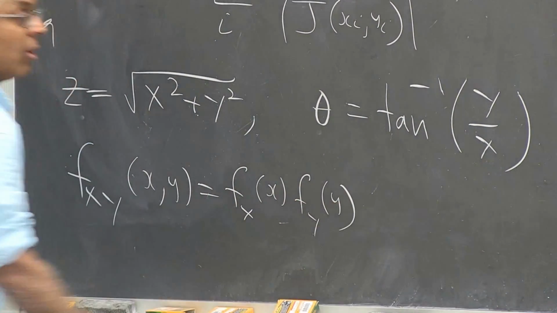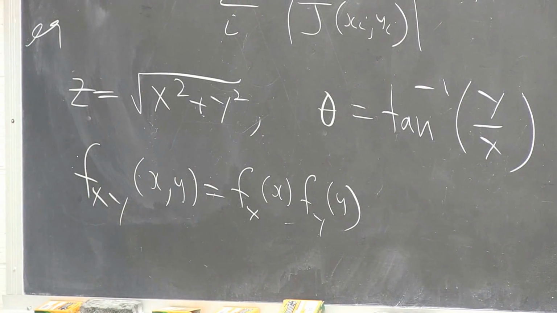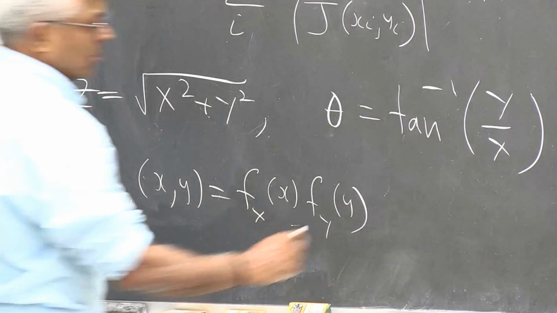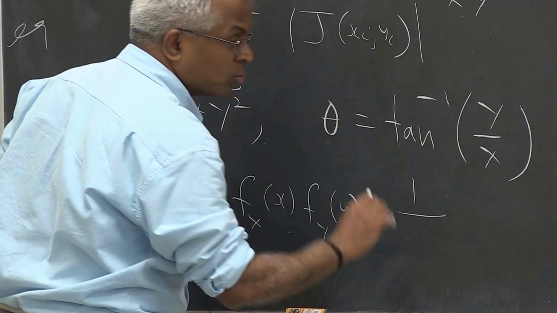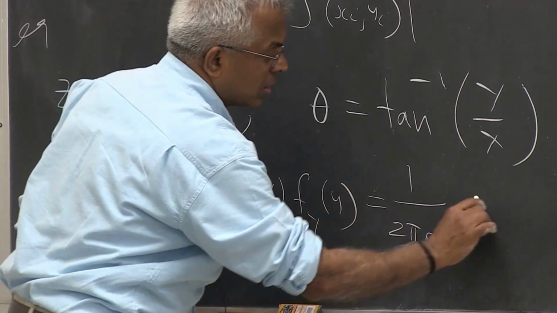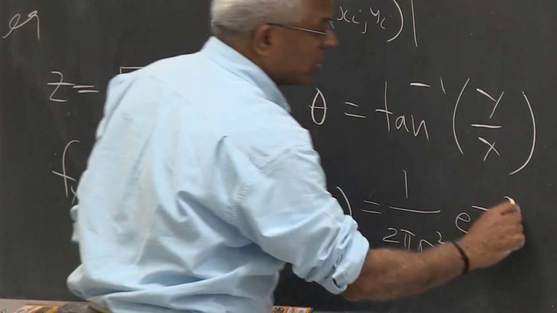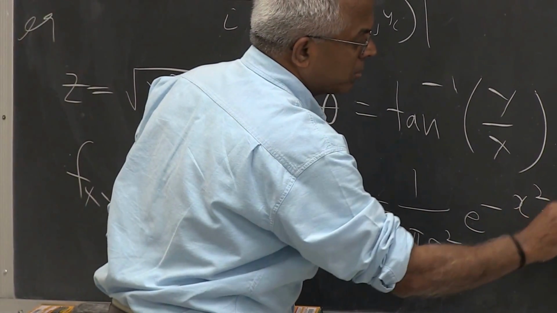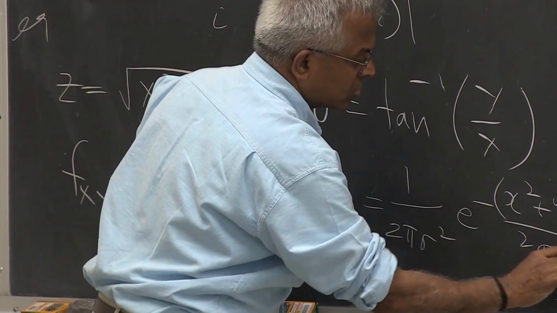Zero mean Gaussian random variables with identical variance. Each of them is 1 over square root of 2 pi sigma squared e raised to minus x squared over 2 sigma squared, multiplied by the same for y squared over 2 sigma squared.